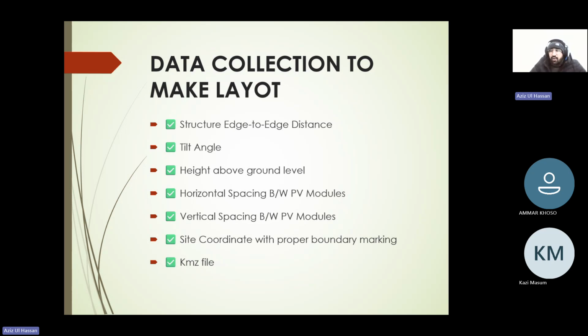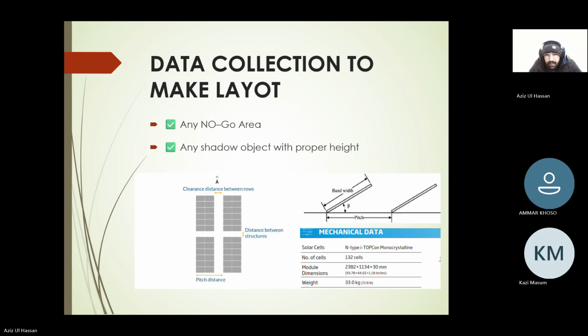But on a rooftop, we may need some coordinates and marking of the buildings, which will give you the idea, and you will work on that. This is called a no-go area. No-go area means any area which is not utilized for the PV installations, any shadow object like trees with proper height, and other things.